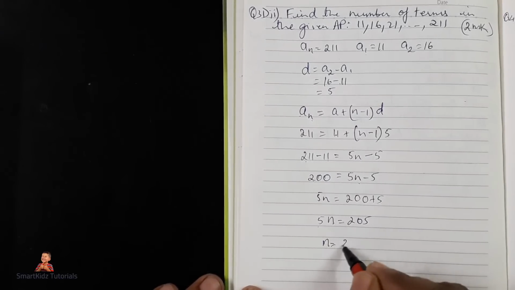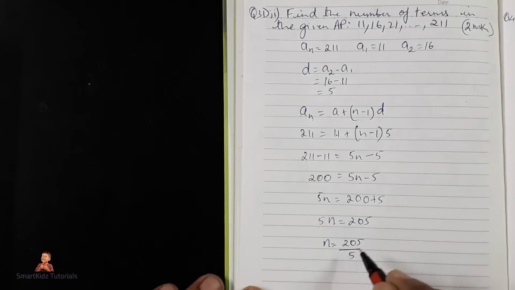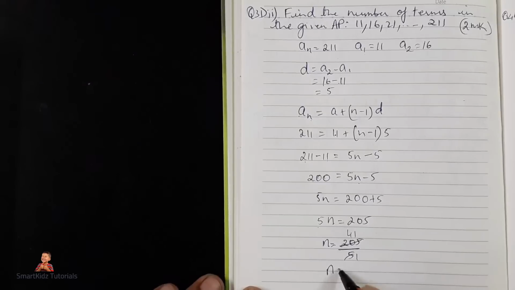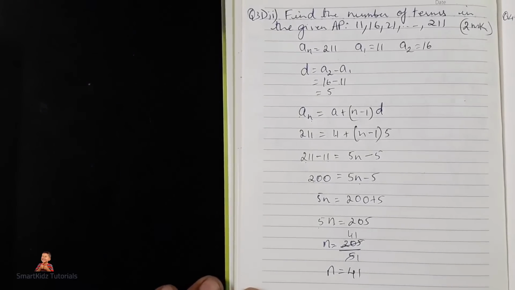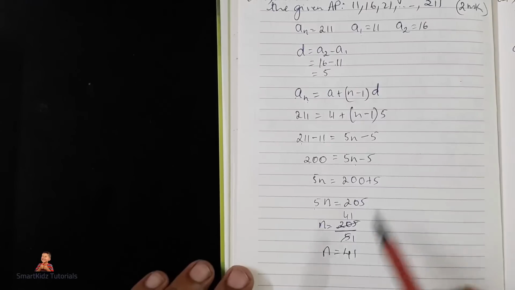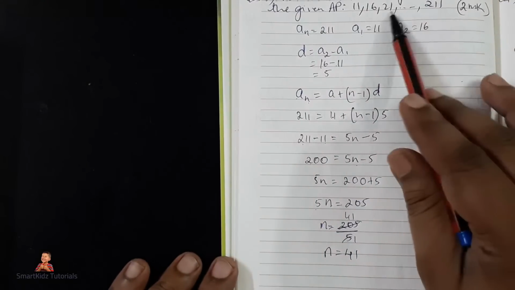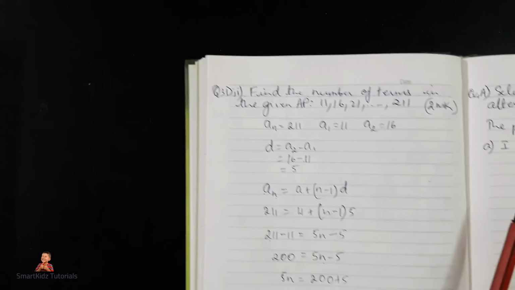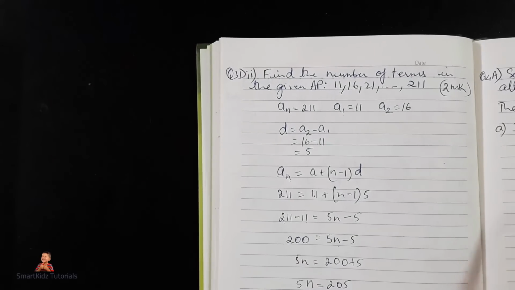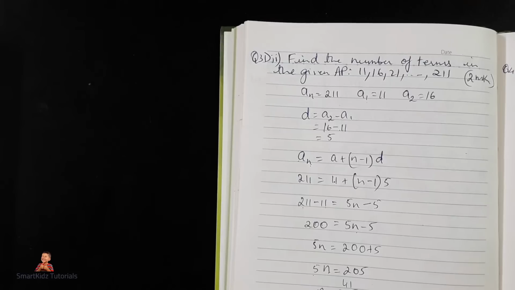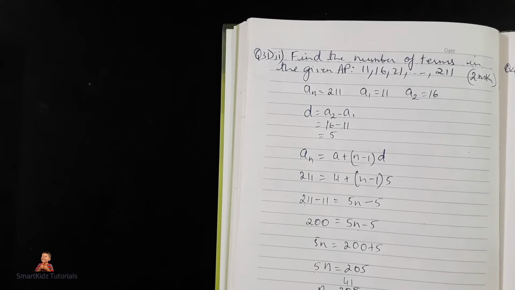So N equals 205 upon 5. 5 ones are 5, 5 fours are 20, 5 ones are 5. N equals 41. So that is the number of terms present in this given arithmetic progression. This is for 2 marks. With this we complete the third question, and now we'll move on to the fourth and final question of this question paper.